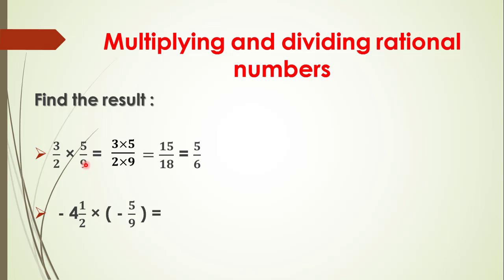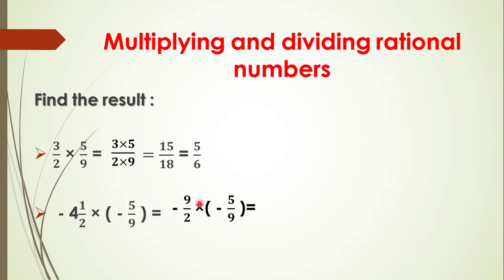Okay. The next one is negative 4 and 1 over 2 times negative 5 over 9. The first step is to convert this mixed number into improper fraction. 4 times 2 equals 8 plus 1 is 9. So I have negative 9 over 2 times negative 5 over 9.